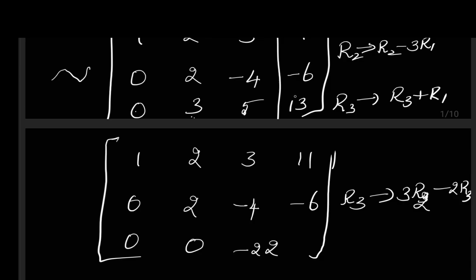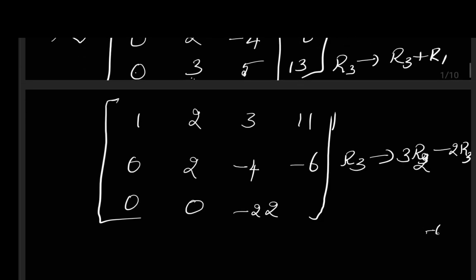Then 3 times minus 6 is minus 18 and minus 2 times 13 is minus 26, so adding you get minus 44. So this is equivalent. All the transformations are over: 1, then 0, and the third row has 2 zeros.